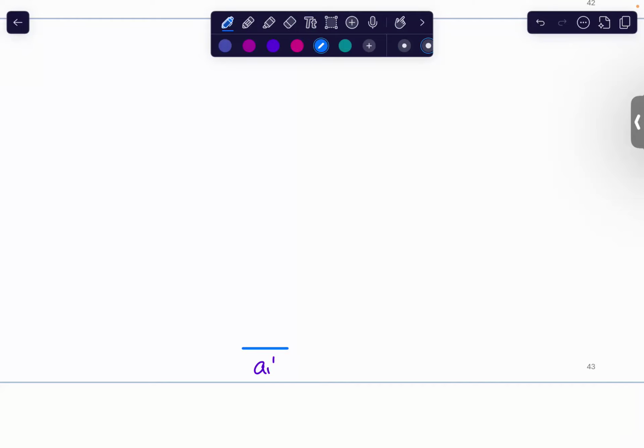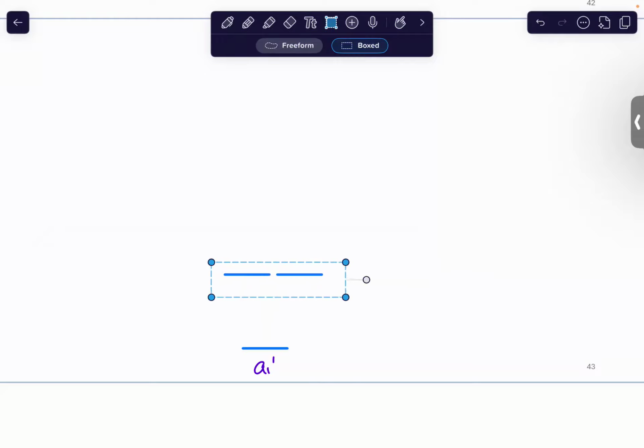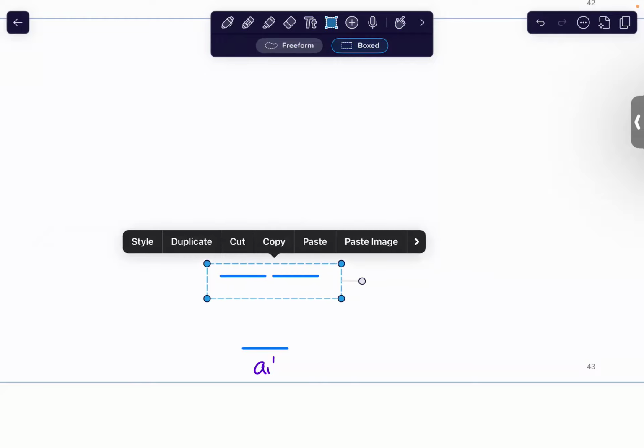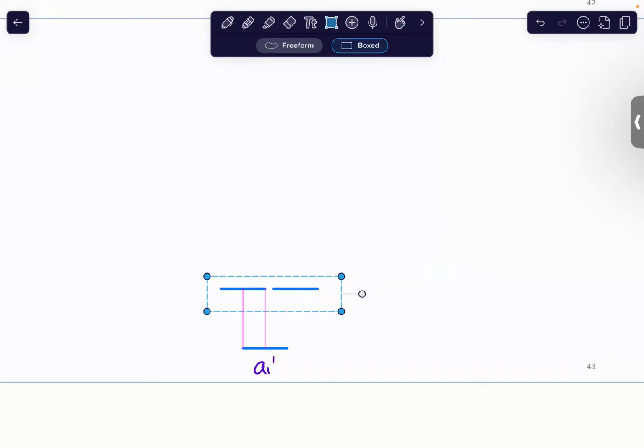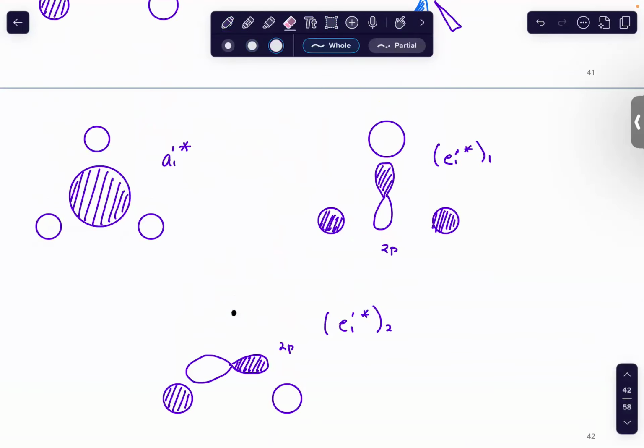Would they be next to each other? Yeah, they're the same energy. That's our E. Oh, okay, we're getting all kinds of things messed up. These are not E1s. These are just E's.